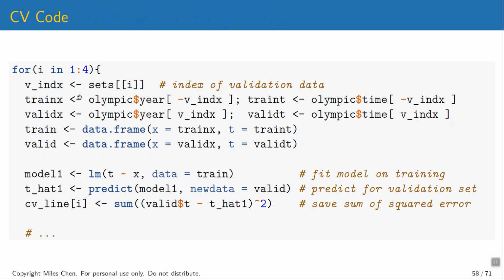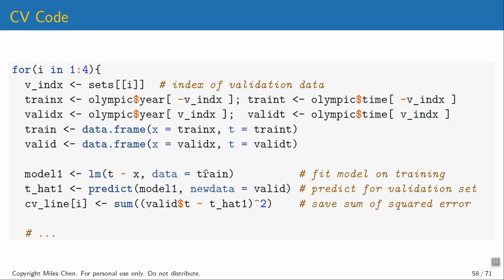So we split our data into training X, training T, validation X, and validation T. Then I put those together in a data frame to create our training data, and the validation data in a data frame to create our validation data. Then I fit a model using the training data, and I have it create T hat values by taking that model and asking R to predict on the validation data.